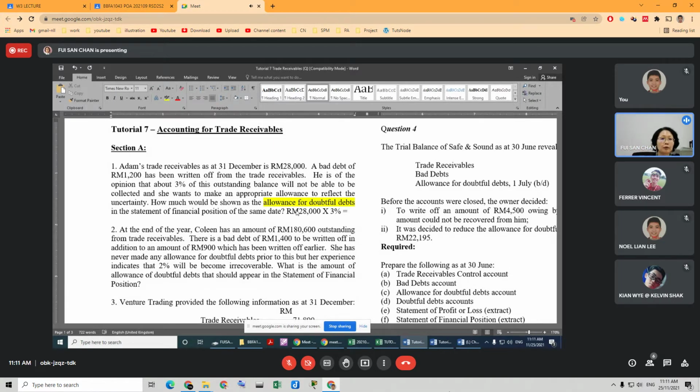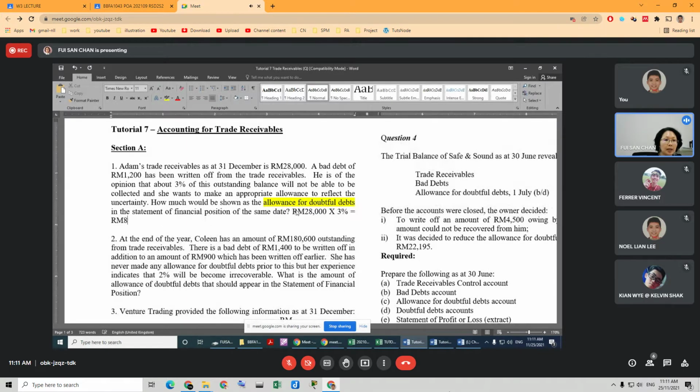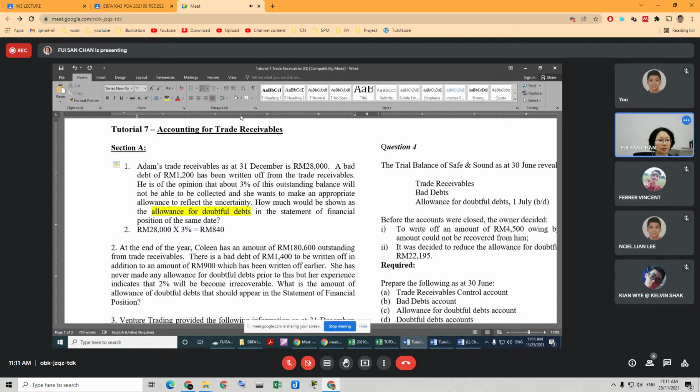Meaning we expect, like for this question, 840 ringgit maybe cannot be collected, right? We actually predict that maybe this amount cannot be collected. So your answer is correct, 840.